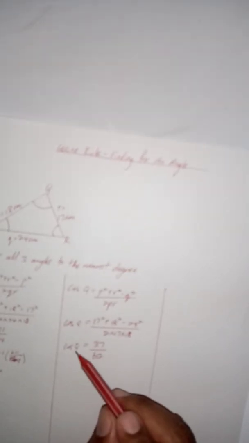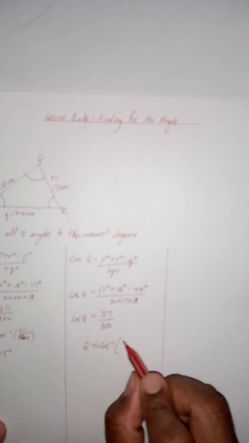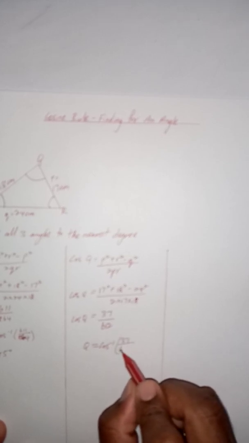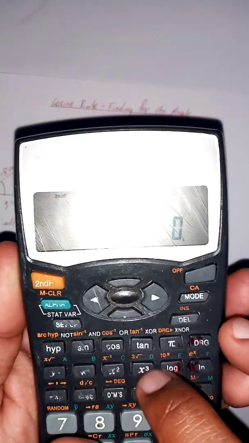Now, since we want to find angle Q, we'll take the cos to the other side, so we leave Q there. So it'll be cos inverse, and in brackets we write this. Good, so we are almost finished. Now the calculator will help us. Second function, cos.